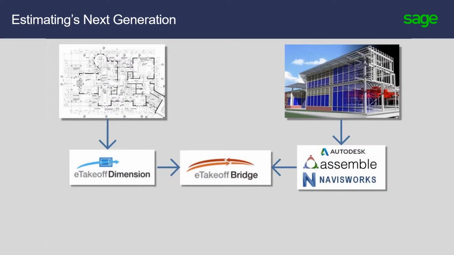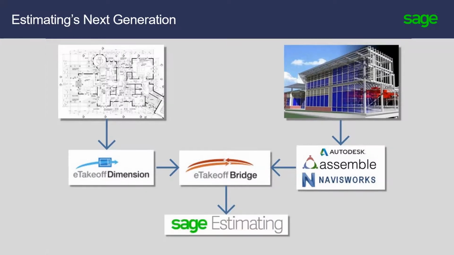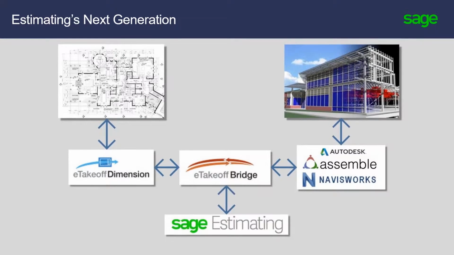And Bridge is that software that bridges or ties together the takeoff and the estimate. And so Bridge will do that linking for us there. You'll notice that all of the arrows are flowing down from the takeoff to the estimate, but we can also go back from the estimate back to takeoff to see where a measurement came from, where we got a particular quantity from, or something like that in our estimate.